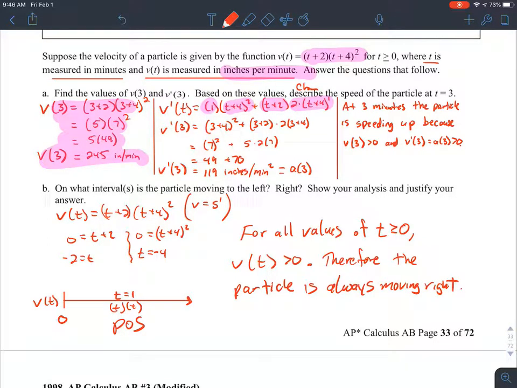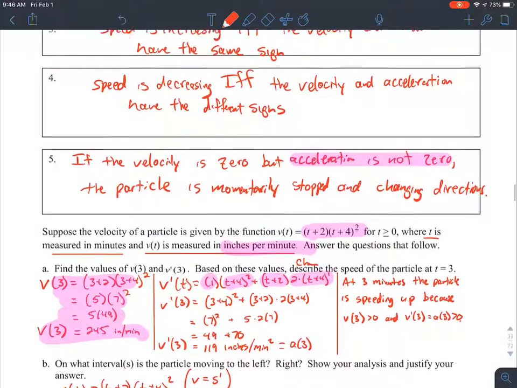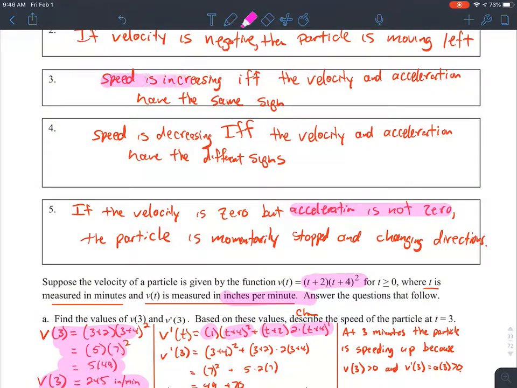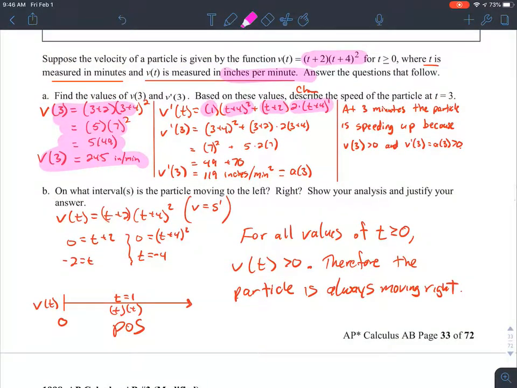Based on these values, describe the speed of the particle. Now they both have the same sign. Speed is increasing if velocity and acceleration have the same sign. That's commandment number 3. At 3 minutes, t equals 3, the particle is speeding up because the velocity is bigger than 0 and the acceleration, which is the velocity derivative, is also bigger than 0.